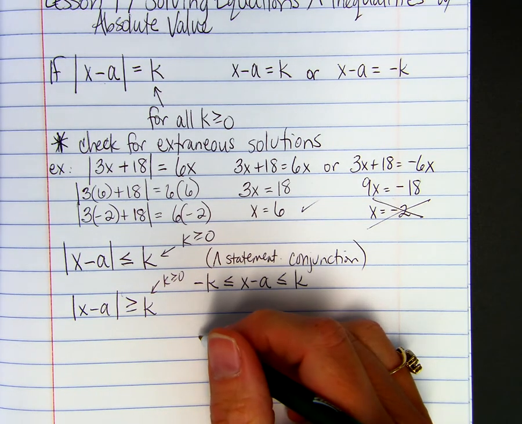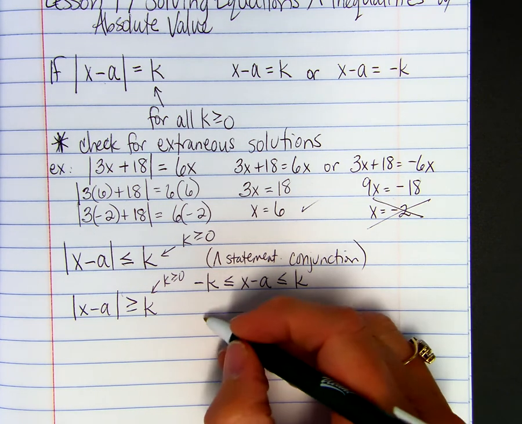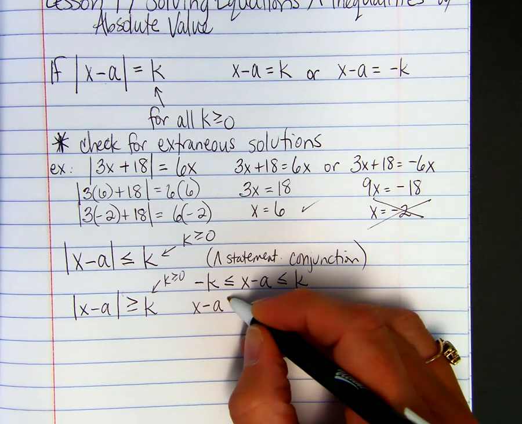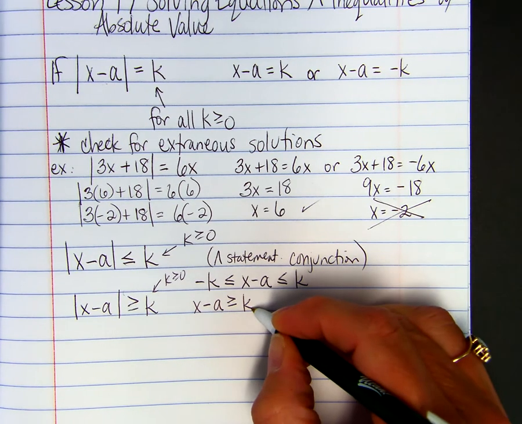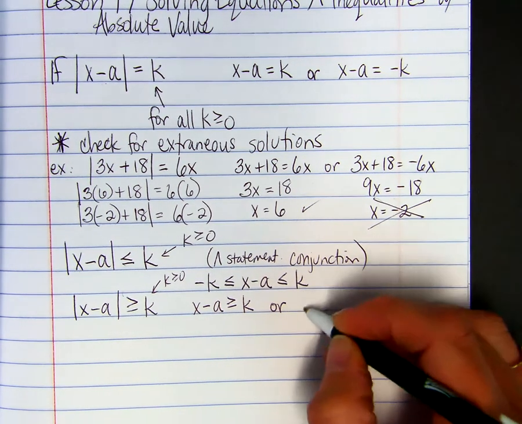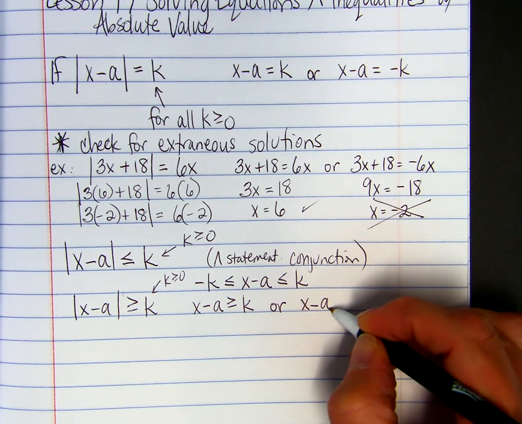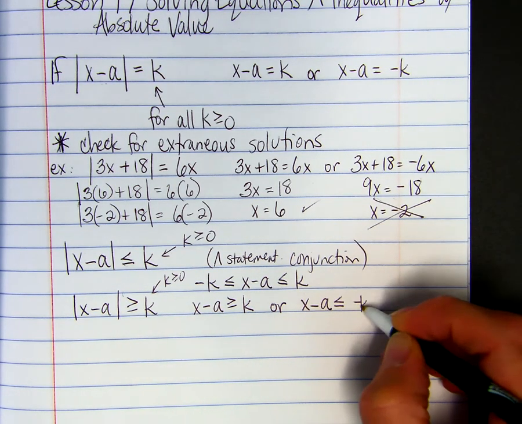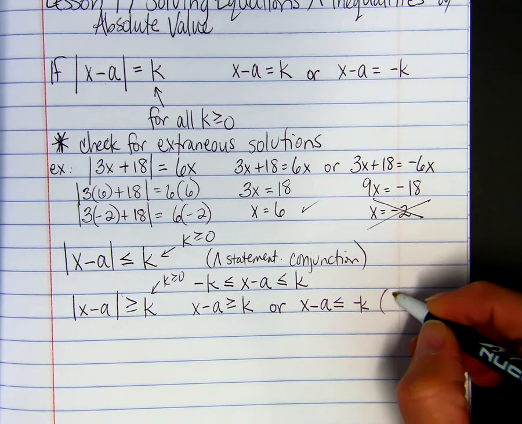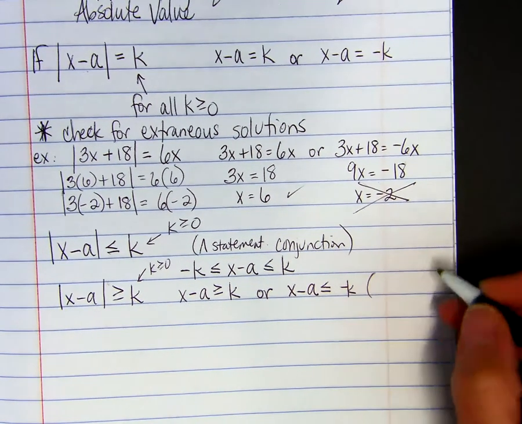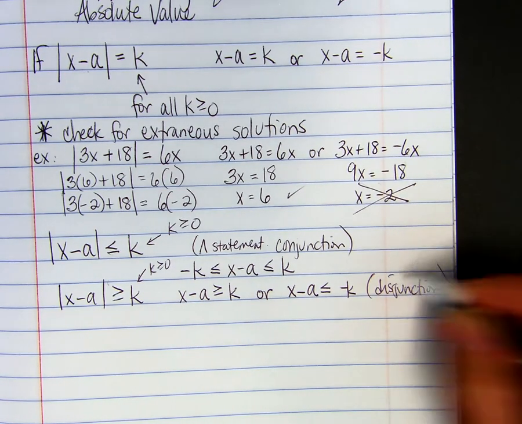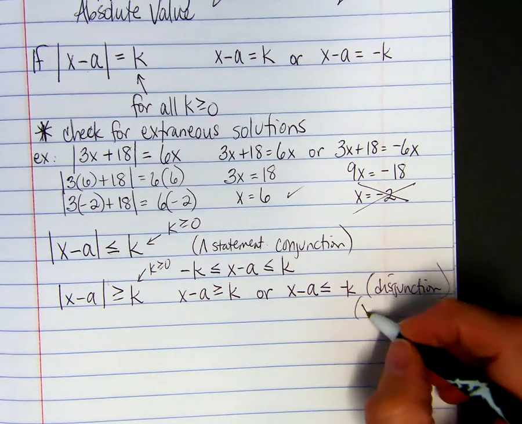So we're going to have x minus a is greater than or equal to k, or x minus a is less than or equal to negative k. This is called a disjunction. It's an or statement.